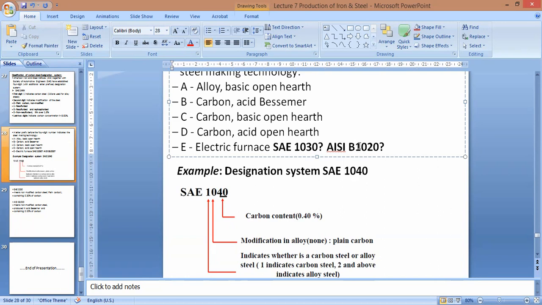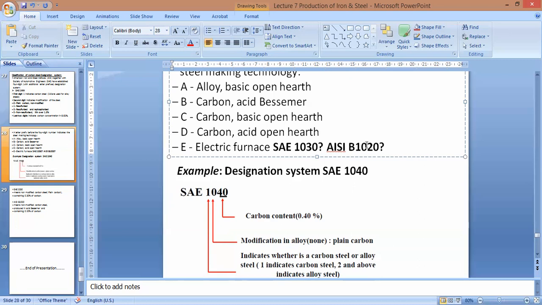So making B here, we get it from here. So what does the 1 mean? It means carbon steel, as you mentioned earlier. And what does this 0 mean? Modification, plain carbon.